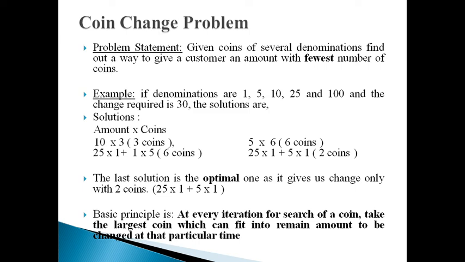He can give 10 rupees 3 coins, or 5 rupees 6 coins, or 25 rupees 1 coin and 1 rupee 5 coins, total 6 coins, or 25 rupees 1 coin and 5 rupees 1 coin, 2 coins. As the problem's main objective is to give the fewest number of coins, the last solution, 25 rupees 1 coin and 5 rupees 1 coin, 2 coins, is the best optimal solution amongst them.